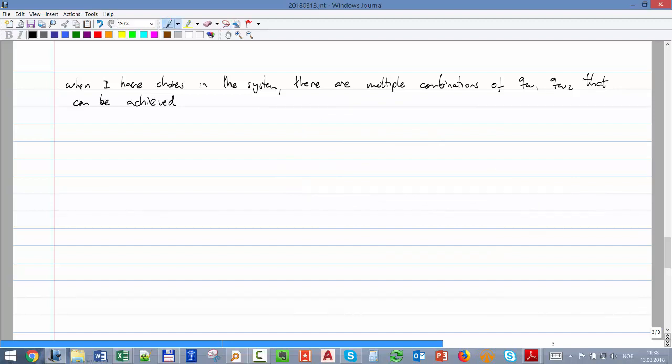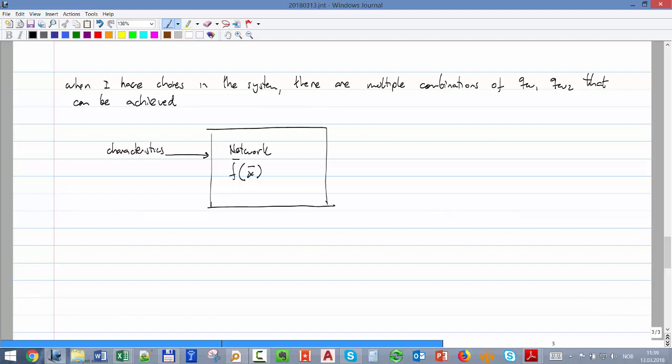So we can think of the network like a big function. Okay, network, it's a function. Maybe it's a vectorial function, a mathematical function, and here we have one input, which is the characteristics of the network, of the production system.